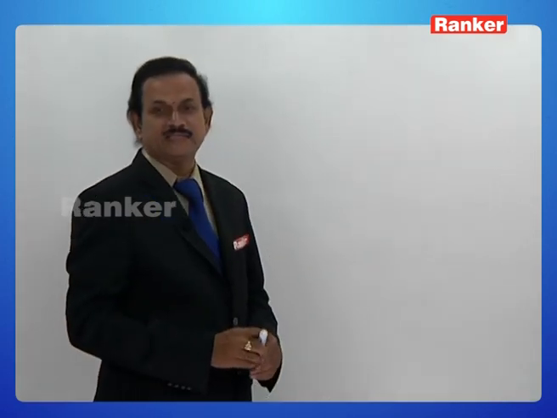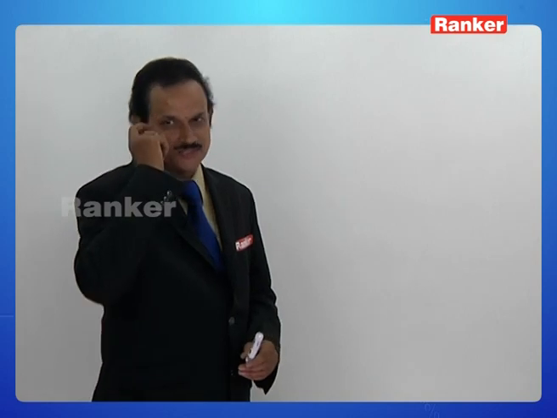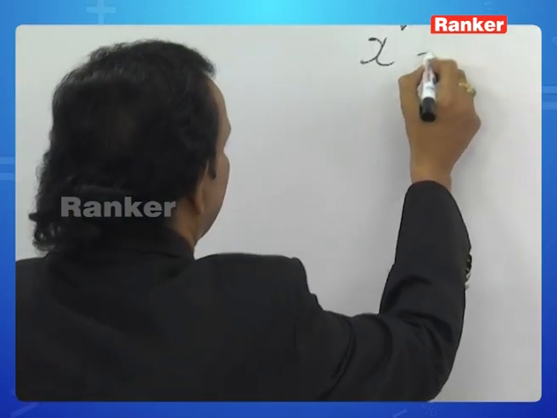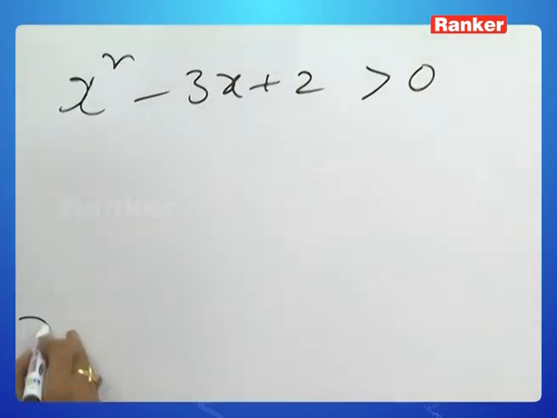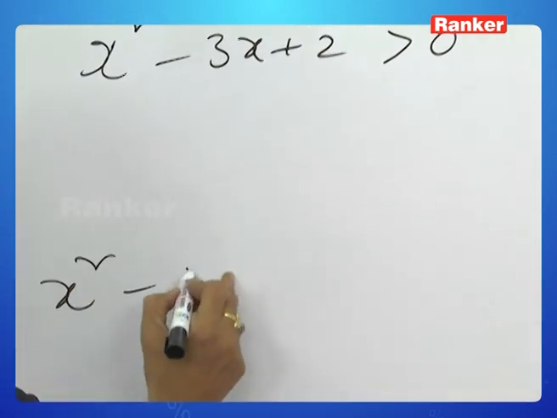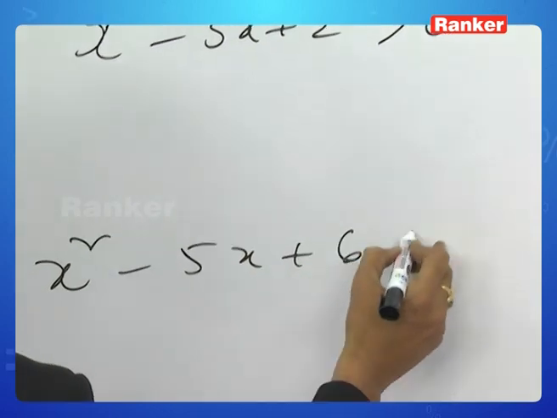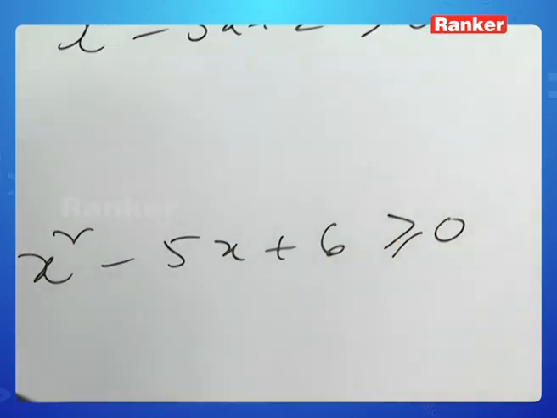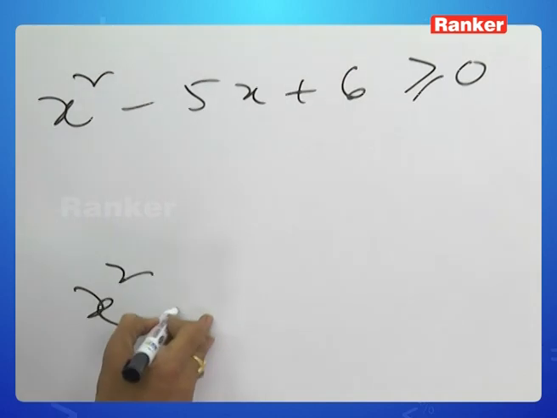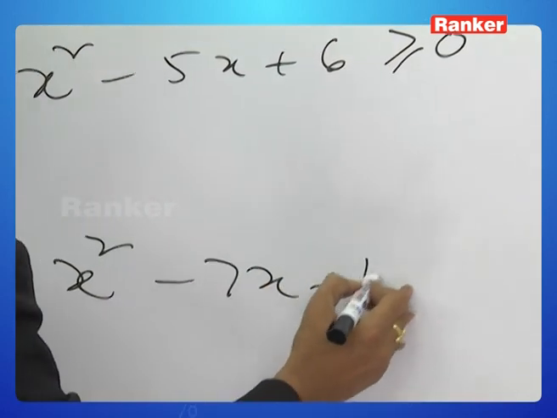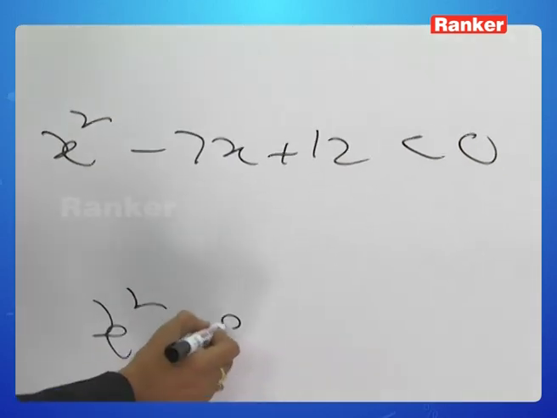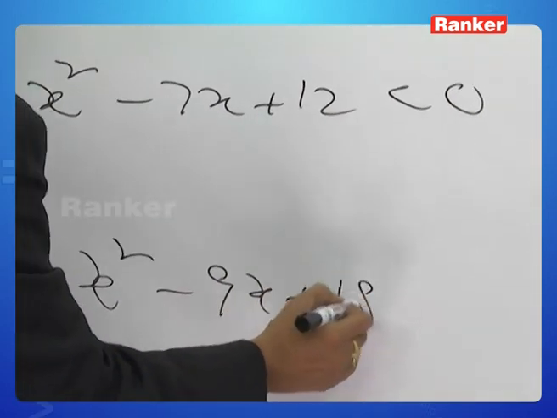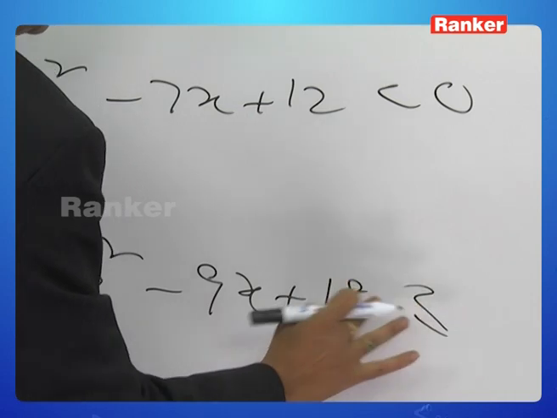Let us now deal with the cases of solving some inequalities. How to solve x square minus 3x plus 2 greater than 0, x square minus 5x plus 6 greater than or equal to 0, x square minus 7x plus 12 less than 0, x square minus 9x plus 18 less than or equal to 0.